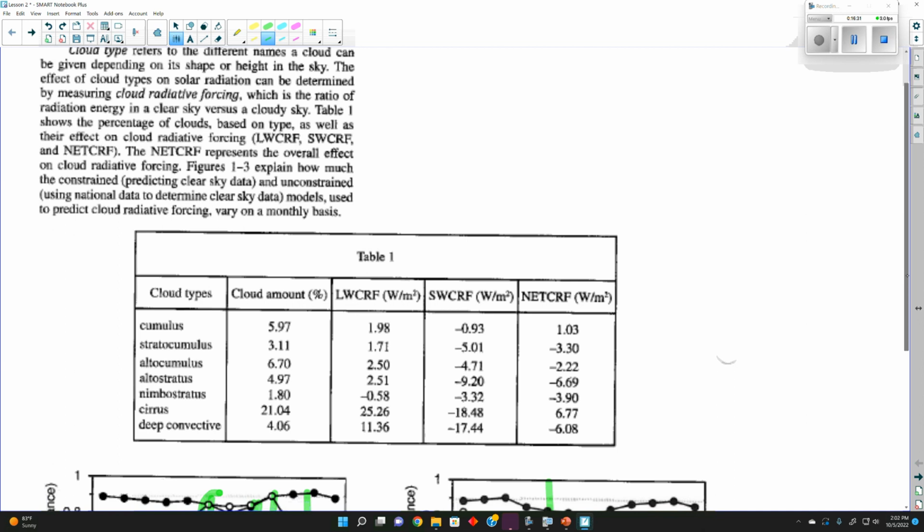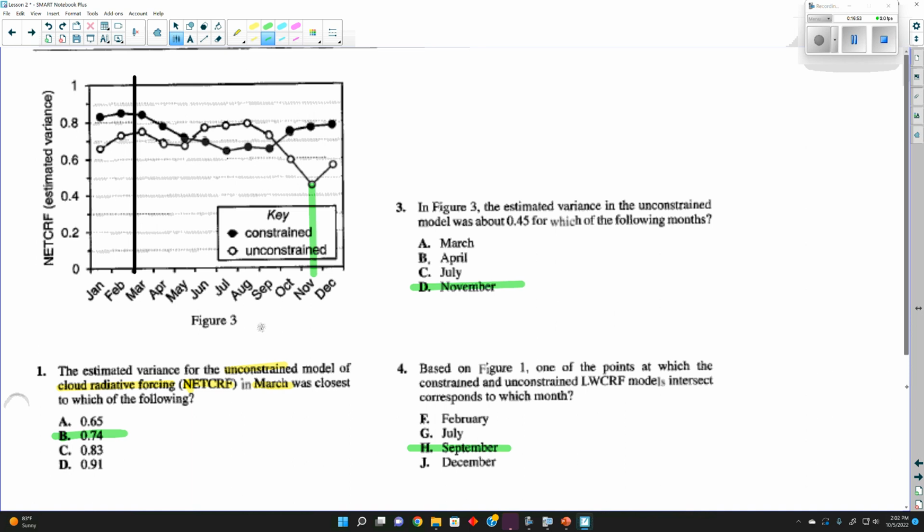No. But I'm going to say, given on the bright sky, the effect of cloud types on solar radiation can be determined by cloud radiation forcing, which is the ratio of energy in a clear sky versus a cloudy sky. So that's A. The correct answer, class, is A.